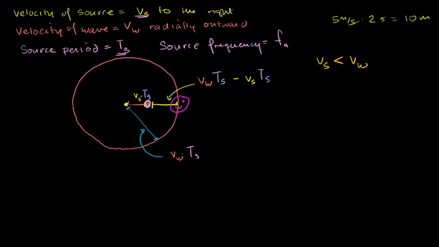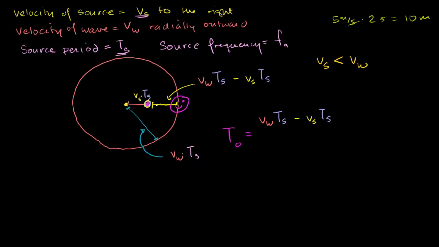Let me write this down. The question I'm asking is, what is the period from the point of view of this observer, right in the direction of the movement of the source? So the period from the point of view of the observer is going to be equal to the distance that next pulse has to travel, which is that expression up there. So let me copy and paste that. Let me get rid of that, it shouldn't look like an equal sign, and that shouldn't look like a negative sign.